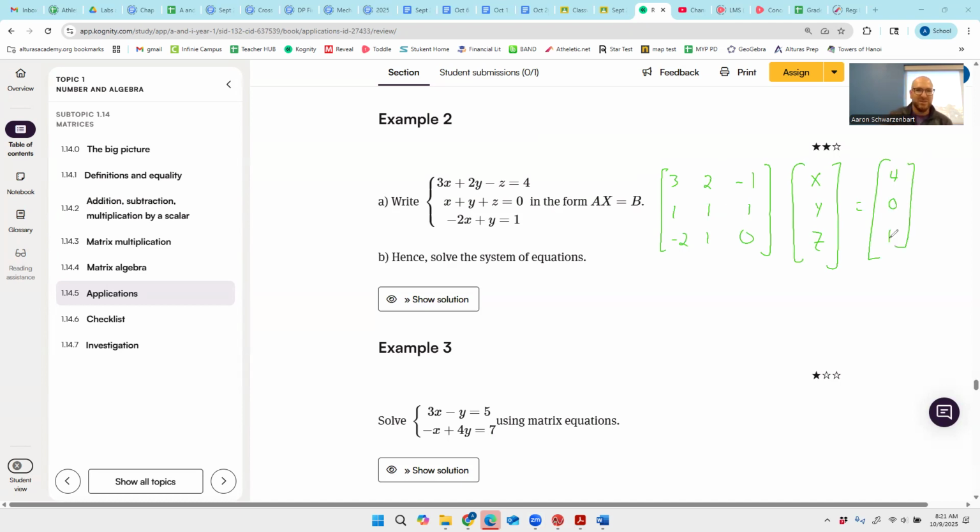And then I'm going to go to the calculator and do X equals A inverse B.